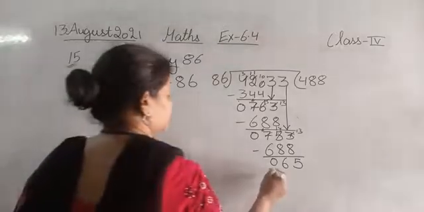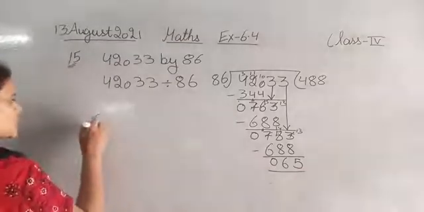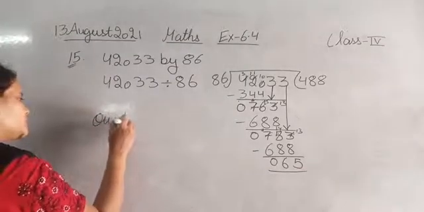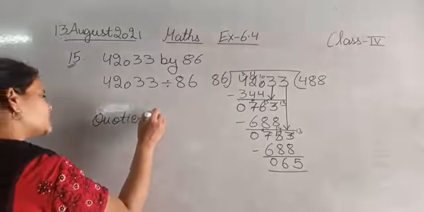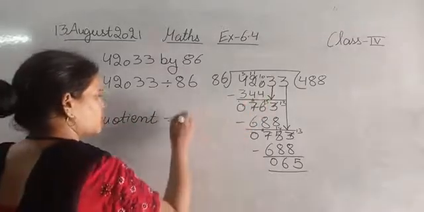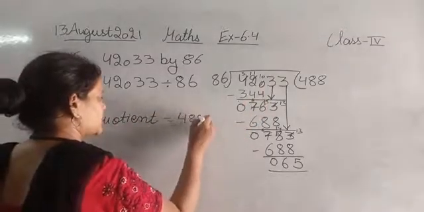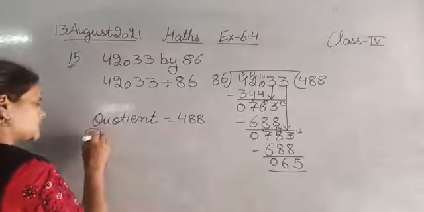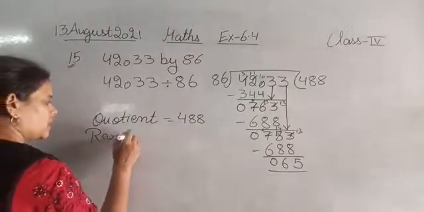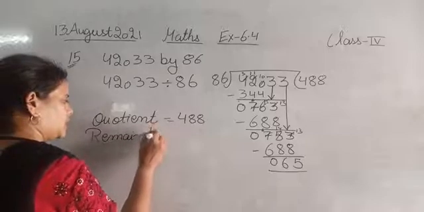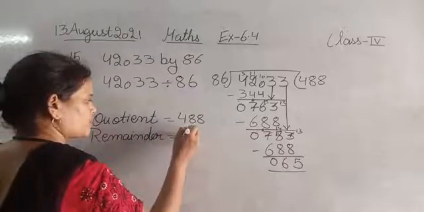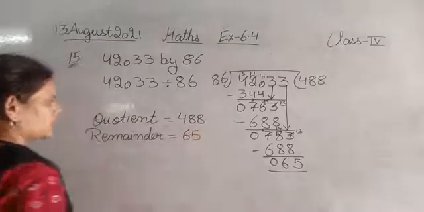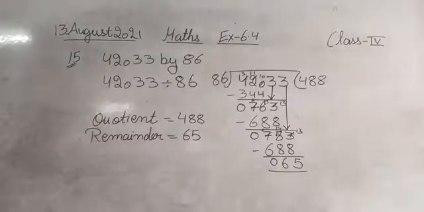So write: the quotient is equal to 488 and the remainder is equal to 65.